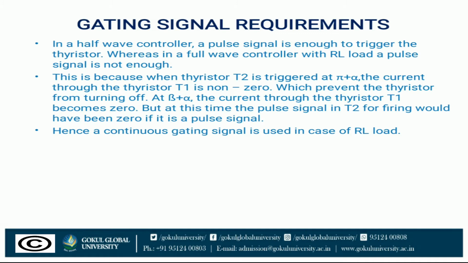At beta plus alpha, the current through thyristor T1 becomes 0. But at this time, the pulse signal for firing T2 would have become 0 if it were a pulse signal. Hence, a continuous gating signal is used in the case of RL load.